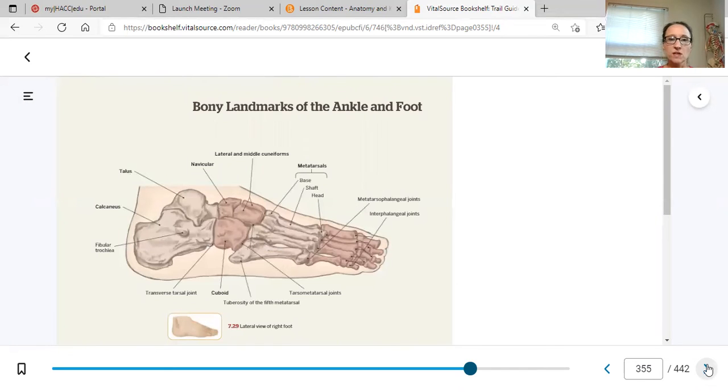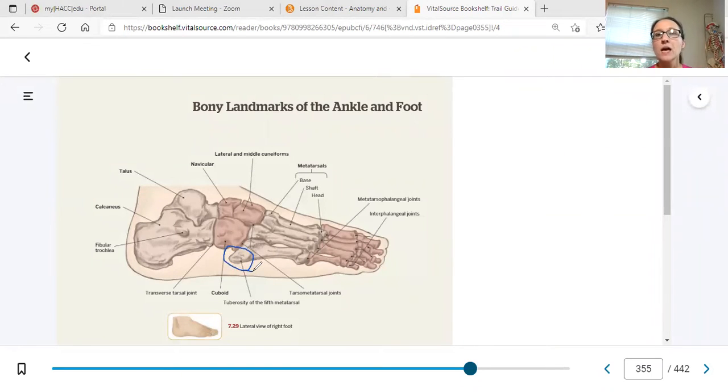All right, so this is the view that I showed you here. This is a lateral view, because you can see the 5th metatarsal. In other words, you can't see the big toe, you can see the pinky toe. And you can see this thing right here. That is the tuberosity of the 5th metatarsal.